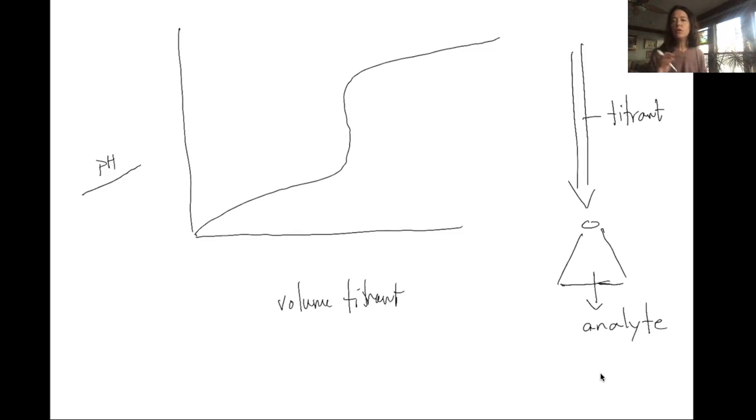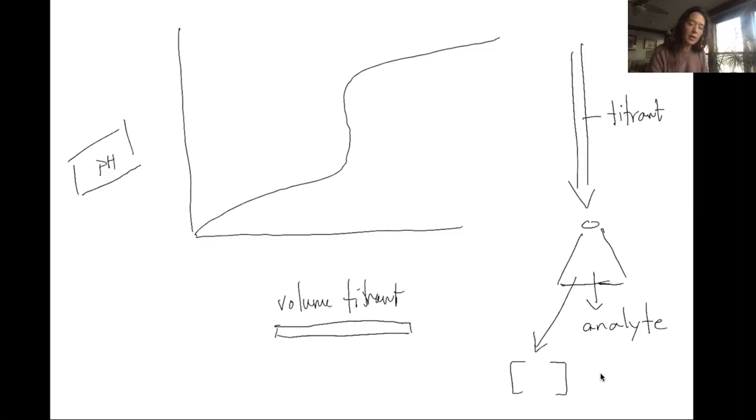We can use the results of our pH versus volume of titrant added to determine the concentration of the analyte. Or we can go in any direction, right? They can mix it up where you're given the concentration and other things, and you have to figure out what volume would have been added at that point.